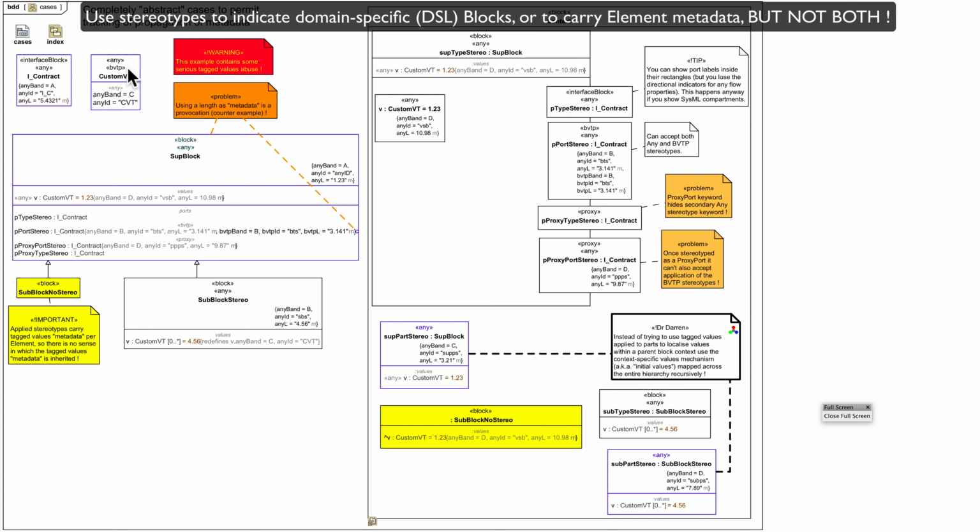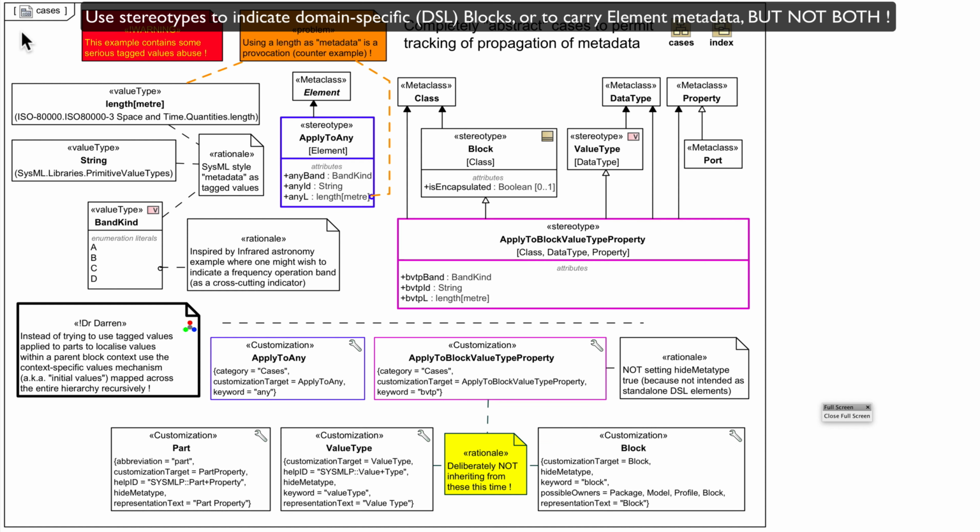Let's go back and have a look at the original cases setup. We've got this guy that specializes block, value type, and extends property. Now you might ask, why would you want to do that?